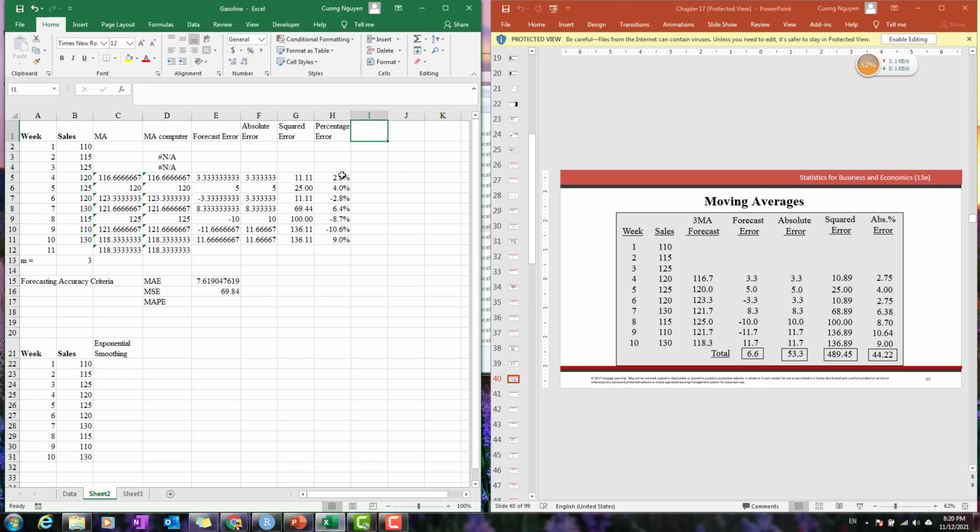However, when you sum up the percentage errors and take the average, there can be a problem of cancellation. That means the minus values and the normal values can eliminate each other, and that would bias our calculation.